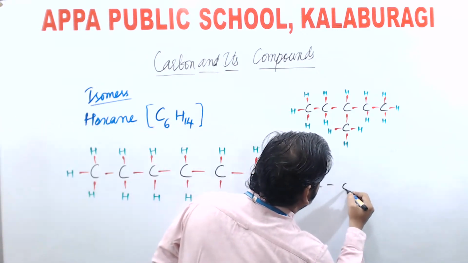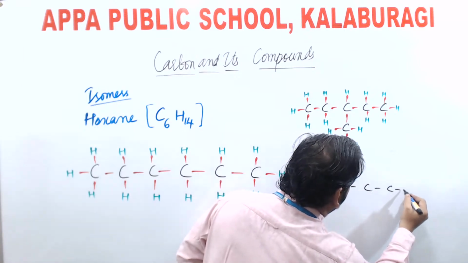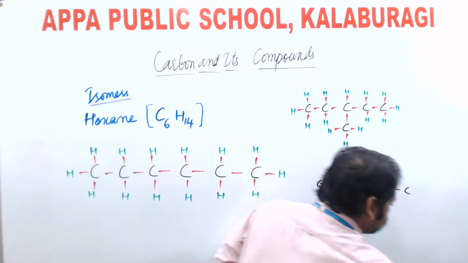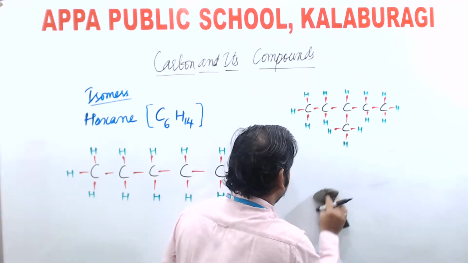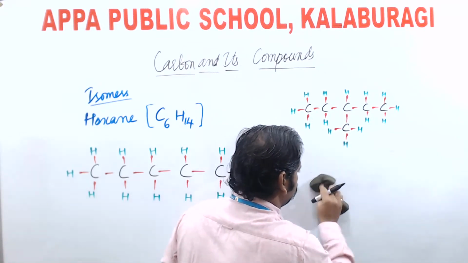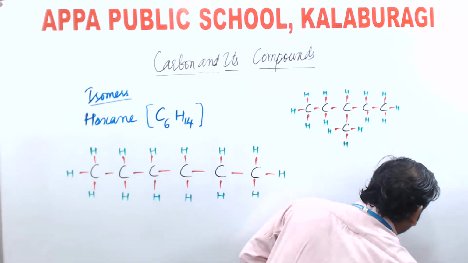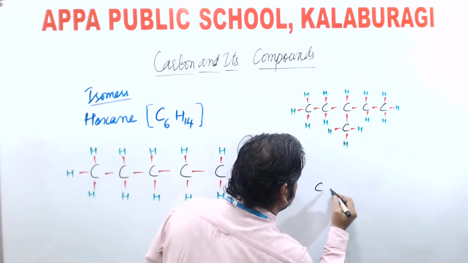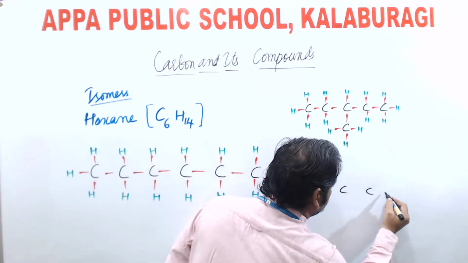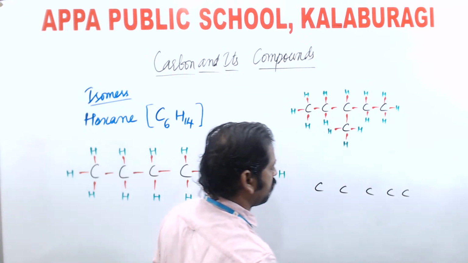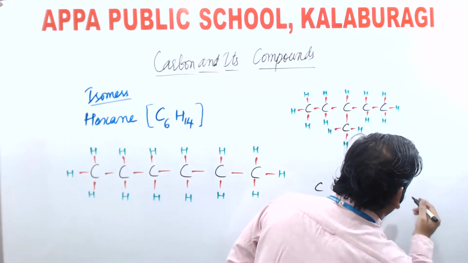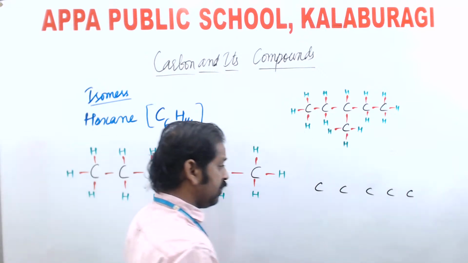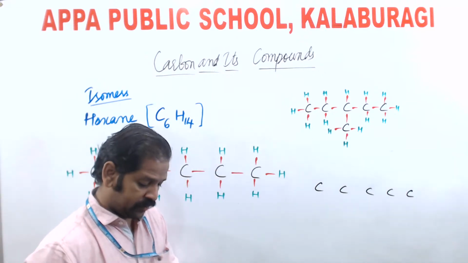Number of carbons: 1, 2, 3, 4, 5. Five are straight. Now what happens here?